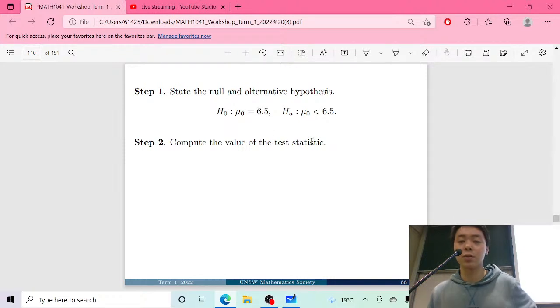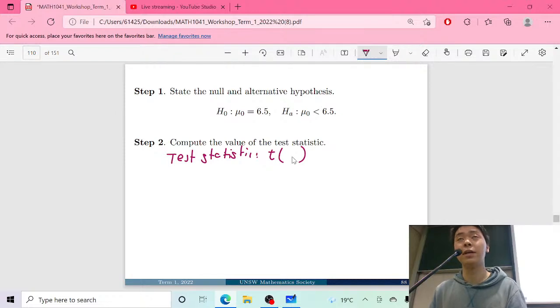To do this, we need to come up with a distribution that we're going to be using. The good thing is that we know that it comes from a sample, which means that we don't have a true standard deviation, but rather a sample standard deviation. So the distribution of the test statistic is going to be a t-distribution. Now the question is, how many degrees of freedom should we have here?